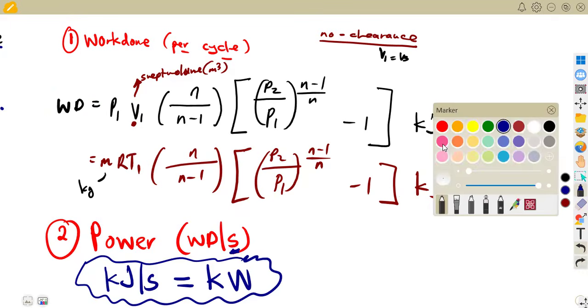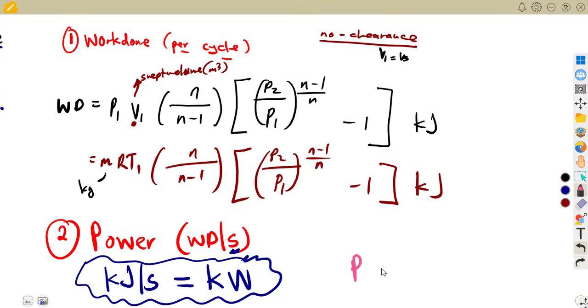In order for you to have per second, you take this work done per cycle times the speed.